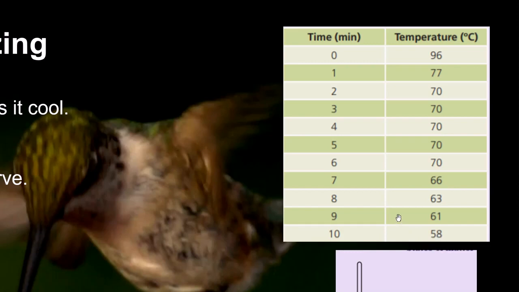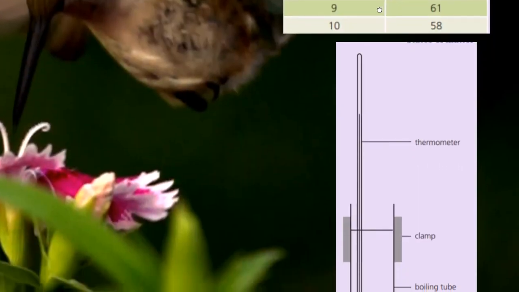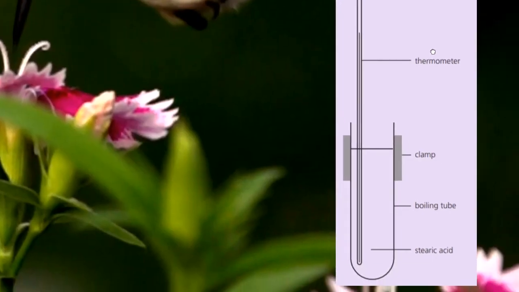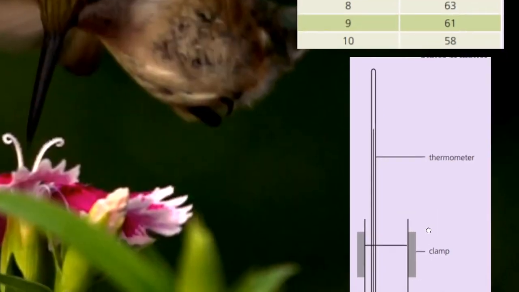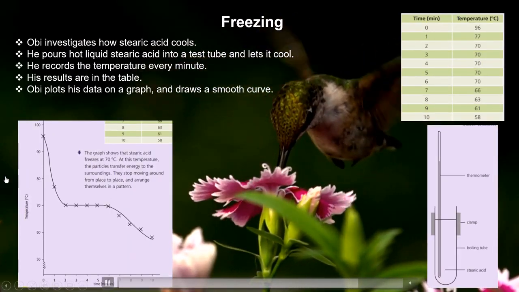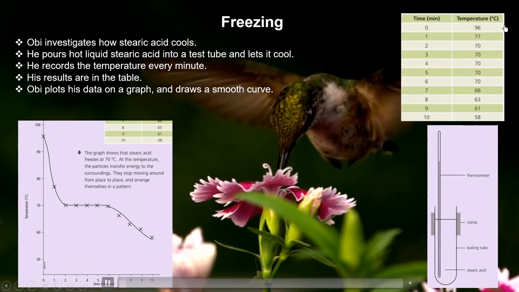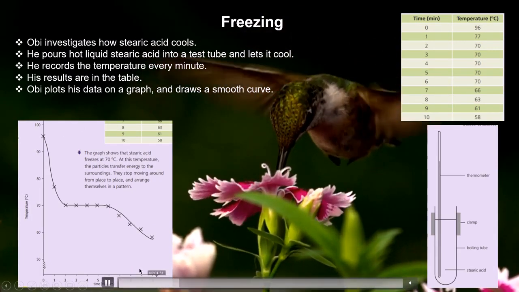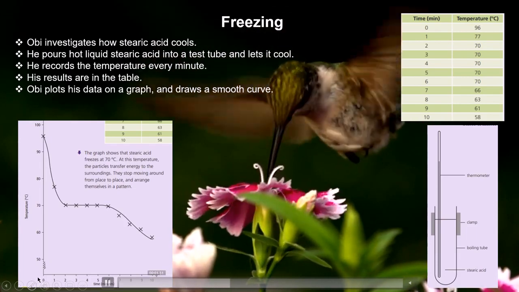So over here is his test tube, as you can see. This is the thermometer he used. This is the stearic acid, the boiling tube, the clamp and the thermometer. As you can see, I have shown the results over here, starting from 0. So 0 is over here, right?